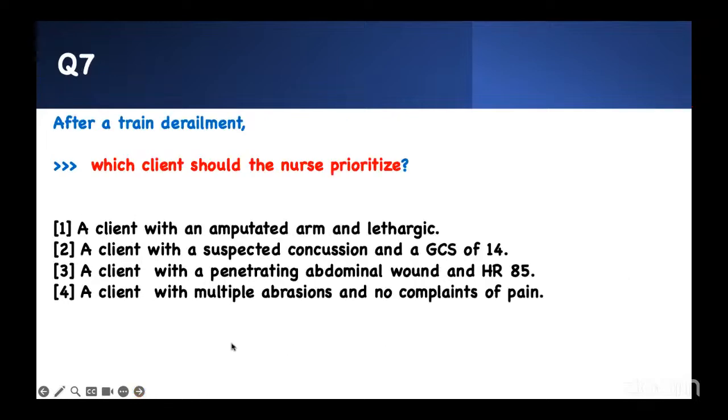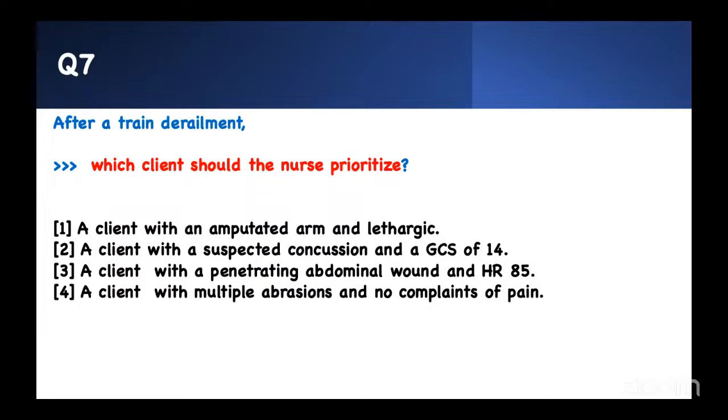What do you think about this? After a train derailment, that means a train accident, who do you want to see? This is triaging. You want to save somebody who is injured but savable. If you have a severe injury, we let you go. Somebody's leg is amputated and he is lethargic. Somebody has a concussion, his GCS is 15.